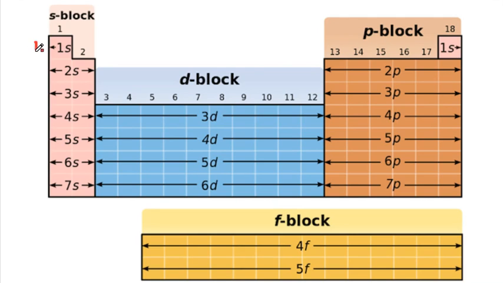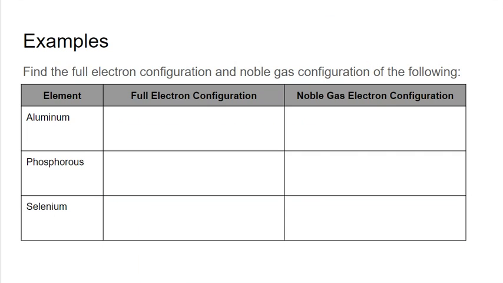Here's the first, second, third, fourth, and fifth periods on the periodic table. So the point is the energy level associated with the D block is always 1 less than the period of the periodic table. With that in mind, let's go ahead and look at an example.